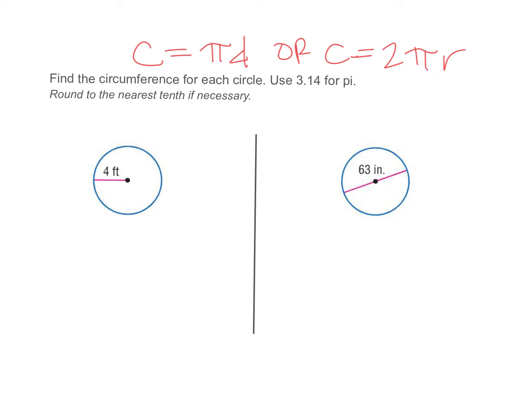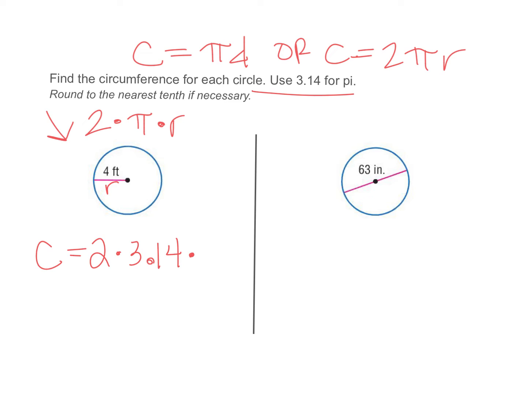Okay, for this one, we are given the radius. This is the radius because it's only half of the length of the inside of the circle. So I'm going to use the formula 2 times pi times radius. Remember we use 3.14. So C equals 2 times 3.14 times 4, because that's my radius.